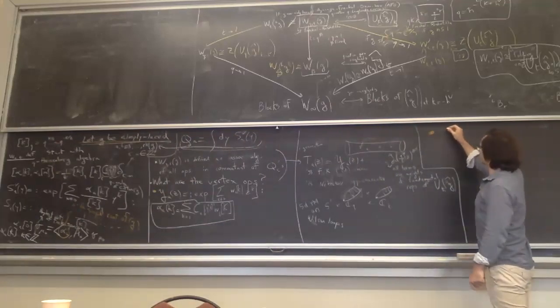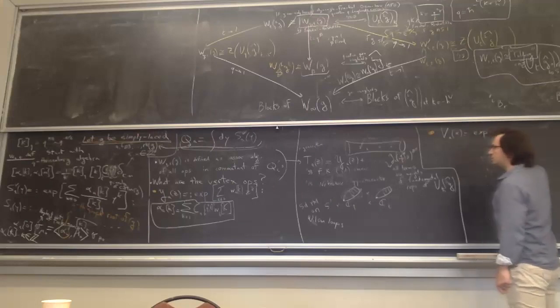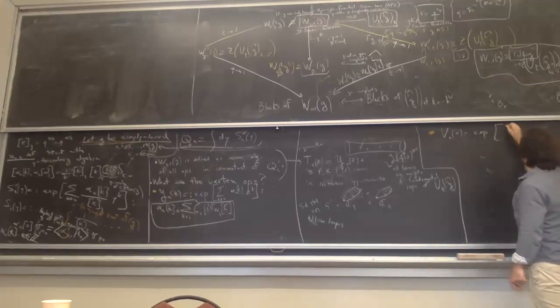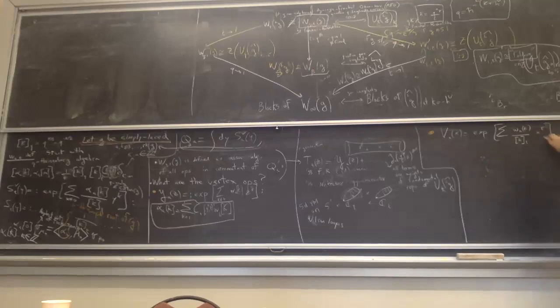So the next order of operators is V_A of X, the exponential of the same exact generators, but now divided by a Q number. Okay, so some denominator.